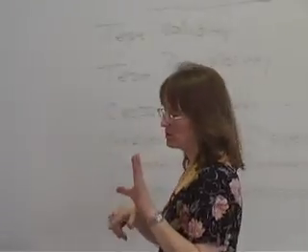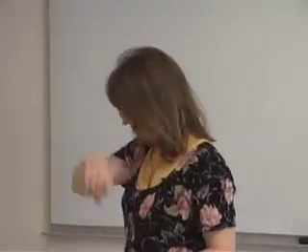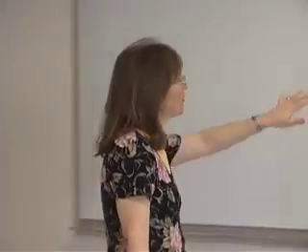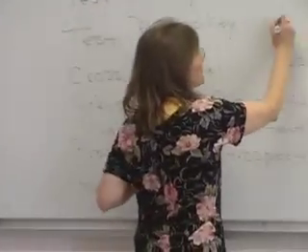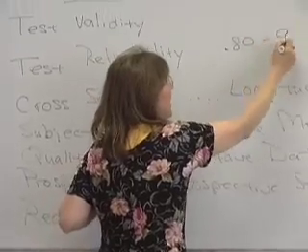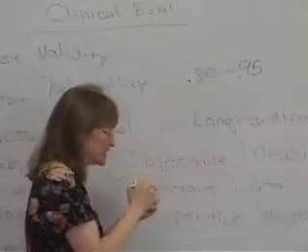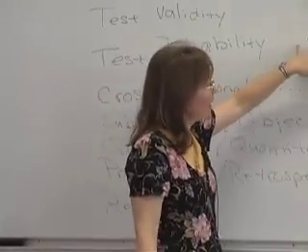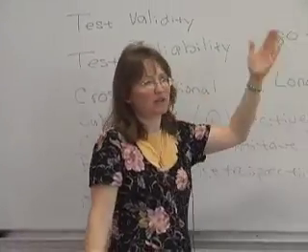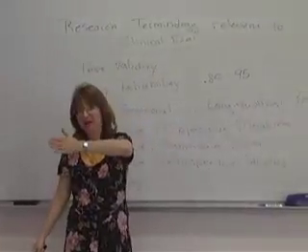Unreliability in tests is due to flipping a coin 49-51 one way, due to questions that don't really make sense to us, and so we just guess on them, due to poorly worded questions and all sorts of things. But most of our tests are only reliable somewhere between like 0.80 and about 0.95, which doesn't exactly mean, but you could sort of take to mean about 80% of the time you take the test, you'll score about the same way the next time.